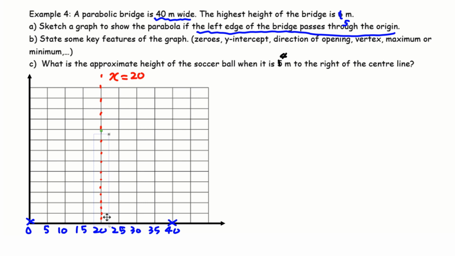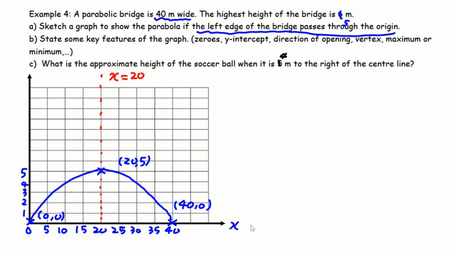The y-axis we are going to go by 1. So your vertex will be 20, 5. And we are going to connect it. The bridge looks like this. So you have two x-intercepts 40, 0 and 0, 0. So this is your graph.